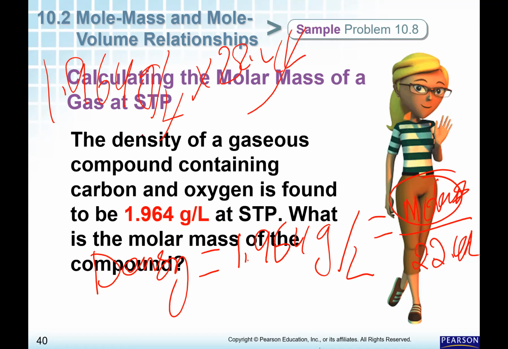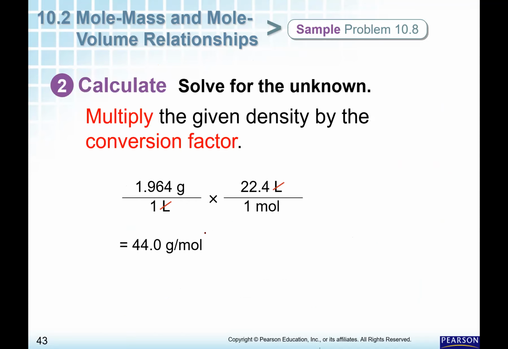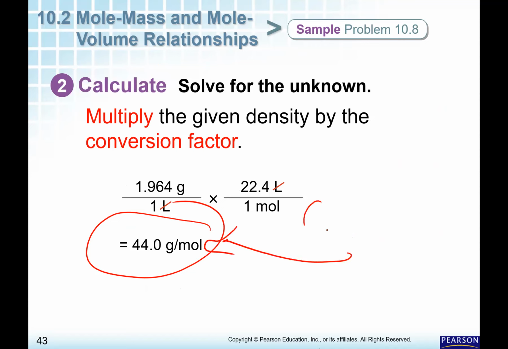The liters cancel with the liter, and when you do the multiplication, you end up with 44 grams per mole. The answer is 44 grams per mole, and that is containing carbon and oxygen.